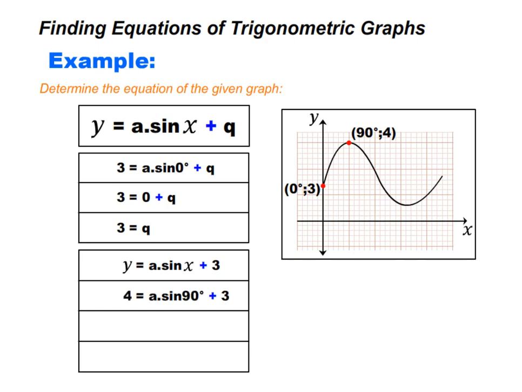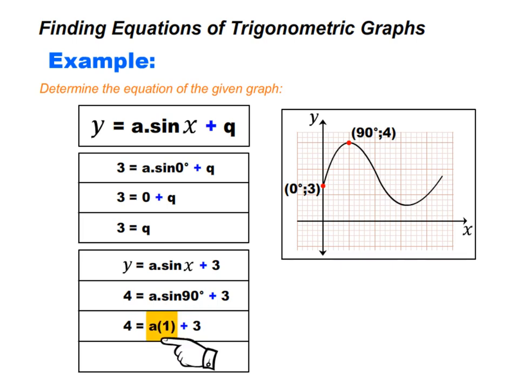So far we have 4 is equal to a multiplied by sine 90 degrees plus 3. Sine 90 degrees is equal to 1. Let us put 1 in the place of sine 90 degrees. So far we have 4 is equal to a multiplied by 1 plus 3.